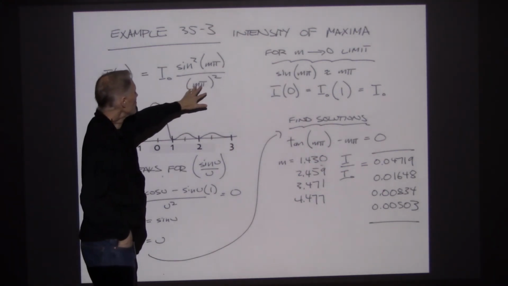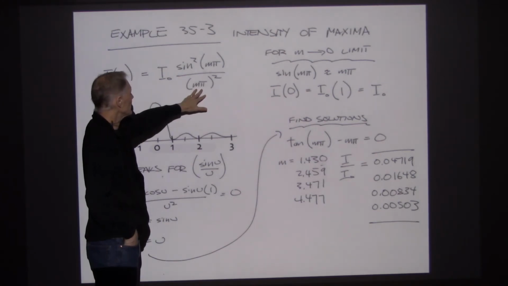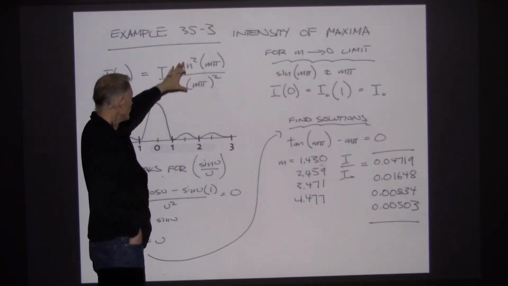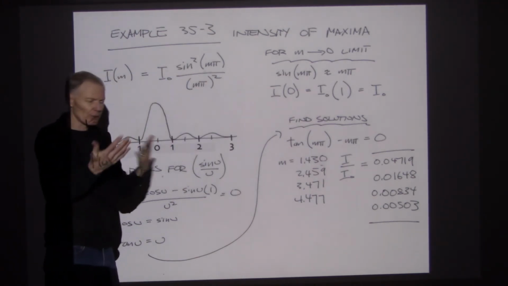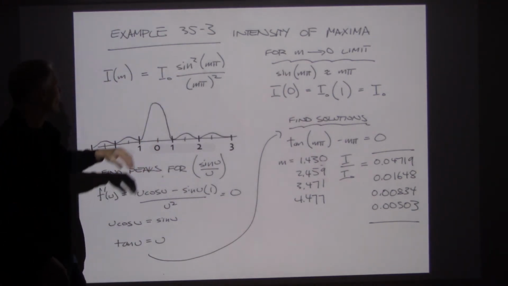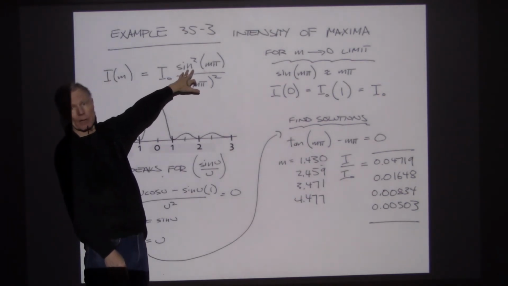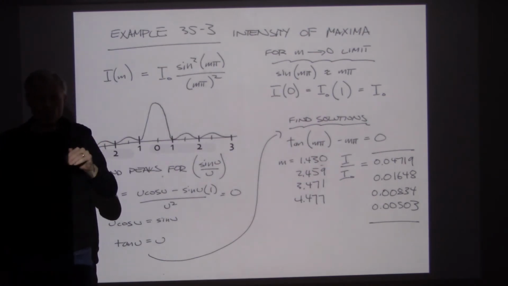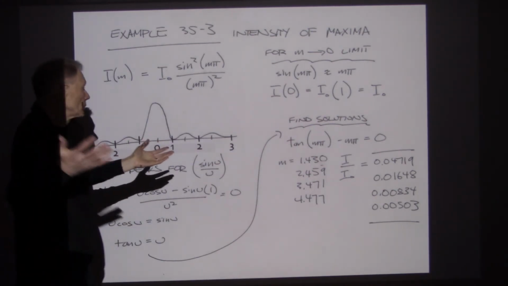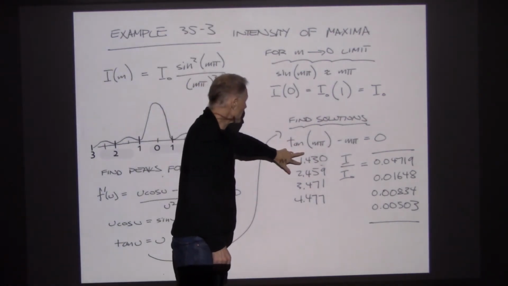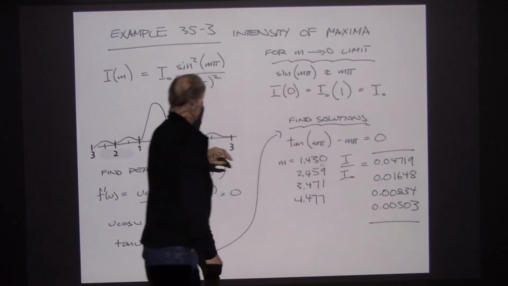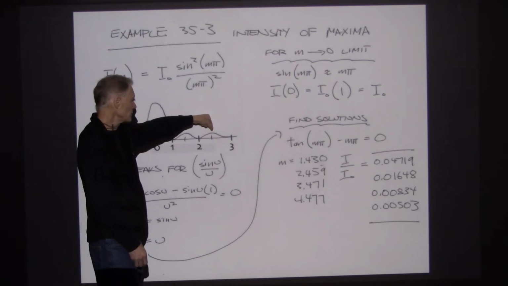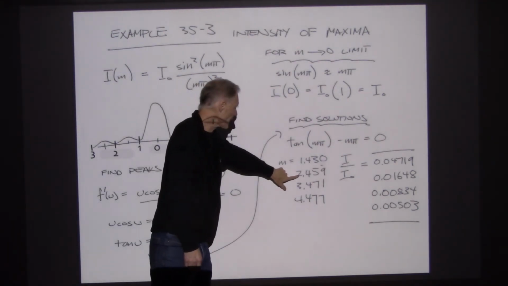But notice there's also a denominator going on here. And the denominator, as m increases, reduces the intensity. So it's kind of a trade-off between the oscillations in the numerator and this linearly increasing denominator. And so the solution turns out to be at 1.43. This peak right here is not at 2.5, it's at 2.459.